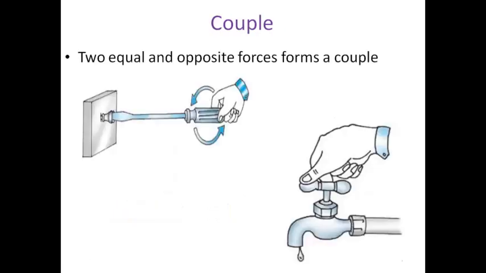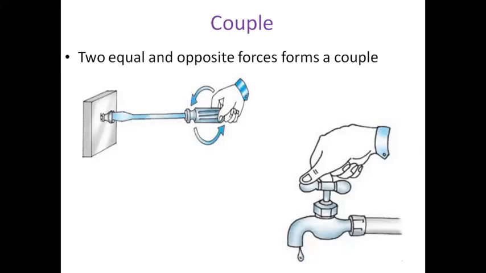And last we have couple. What is couple? Two equal and opposite forces forms a couple. You can observe the images. For example, if you need to tighten the screw or to loosen the screw, we apply a equal force but in a rotational manner, right? Either you are moving the screwdriver in the clockwise direction or in the anti-clockwise direction.